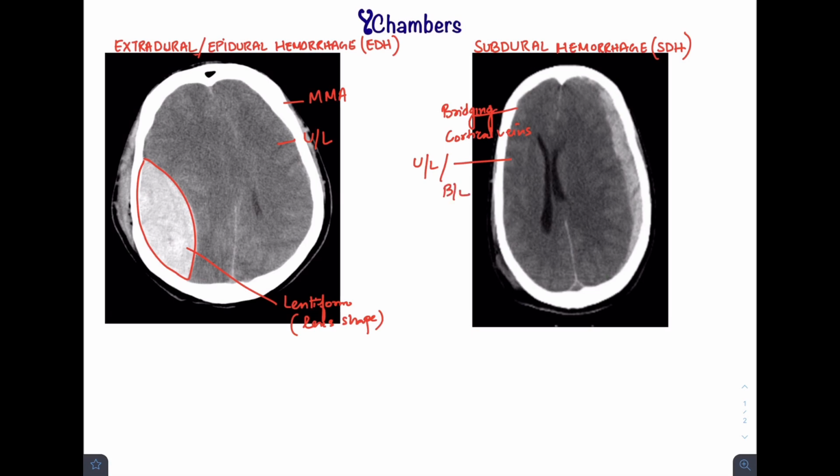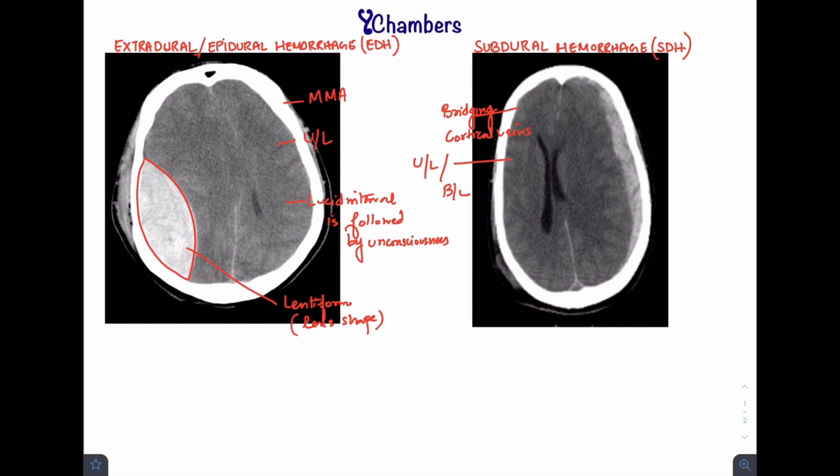The third difference, which we can understand clinically from the symptoms of the patient, is that in extradural hemorrhage, the patient gets a lucid interval, which is followed by unconsciousness.